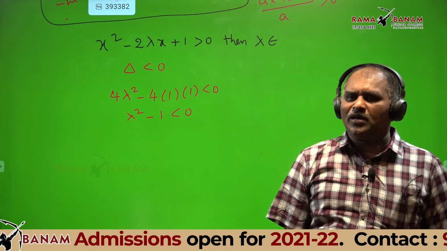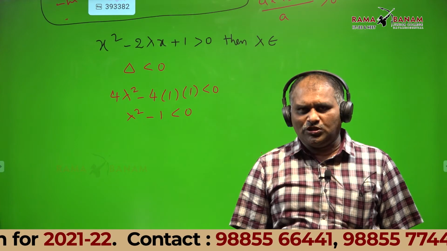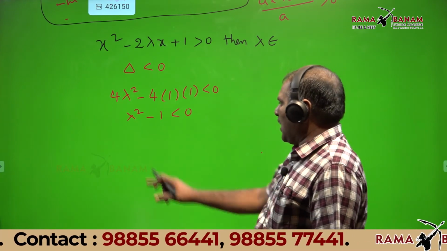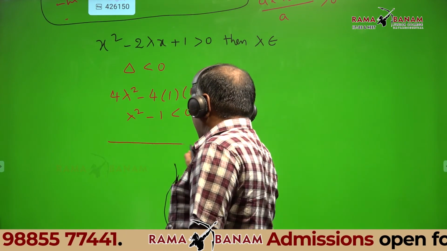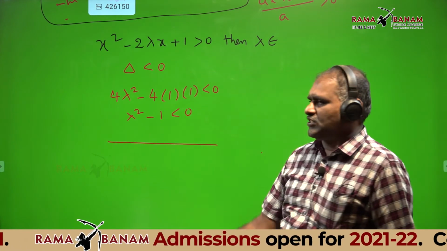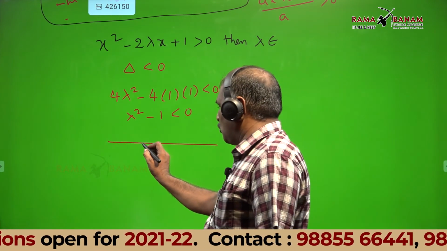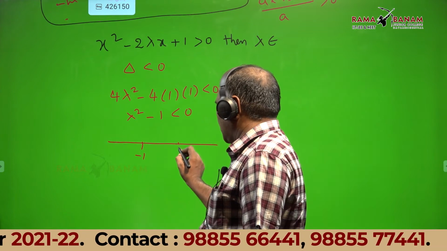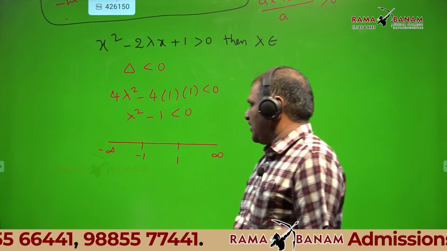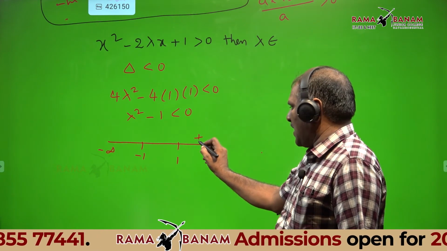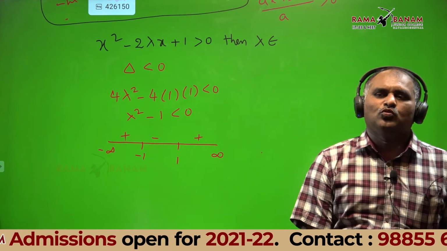Because 4 is common, bring it to the other side: 0 by 4 is equal to 0. Therefore, lambda square minus 1 less than 0. What are the roots of this? Plus or minus 1. Very good. Here minus 1, here plus 1, plus infinity, minus infinity, same number line representation: positive, negative, positive.